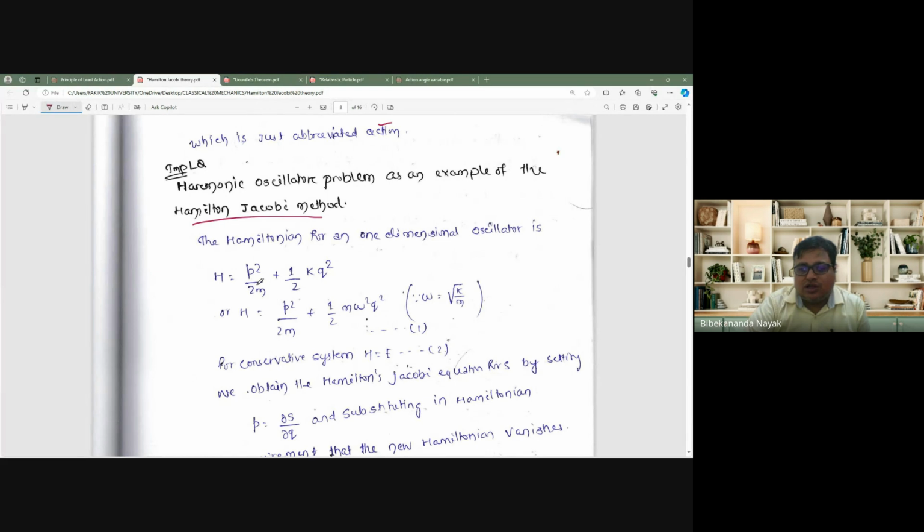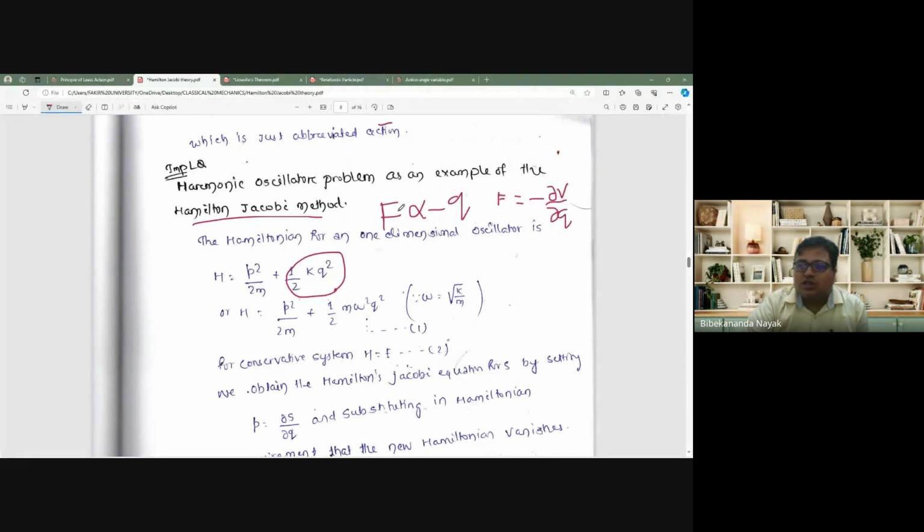For the harmonic oscillator, you know its potential energy is half k q square, because force is proportional to minus x, or minus q if q is the coordinate. The potential energy V will be half k q square, because F is equal to minus del V by del x, or minus del V by del q.